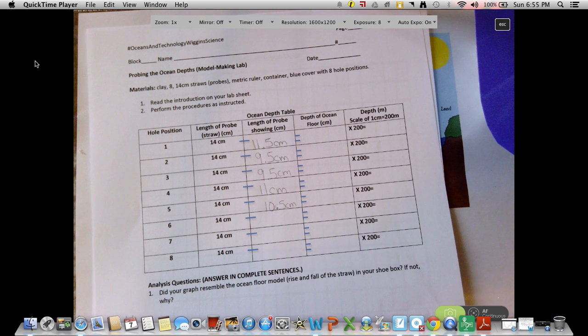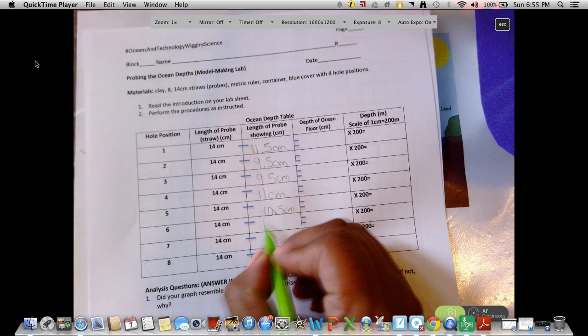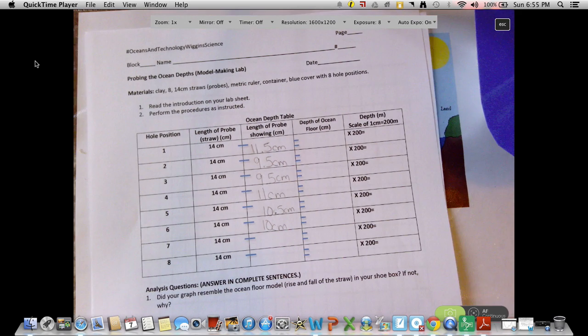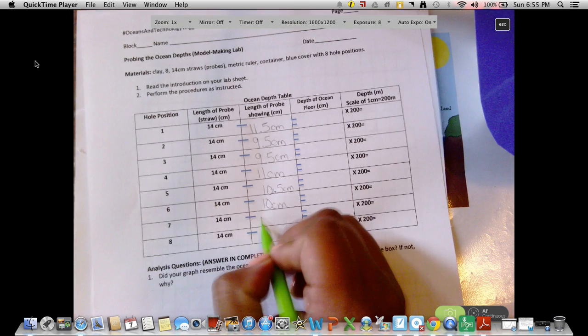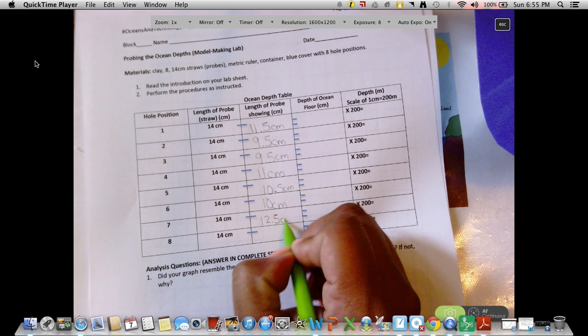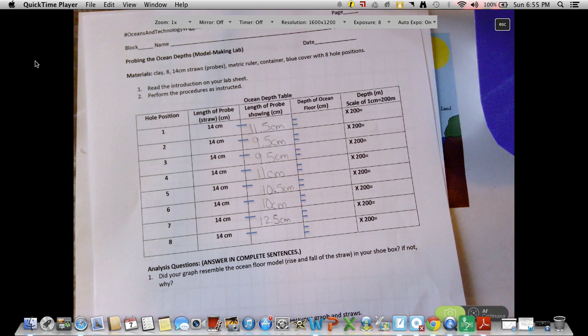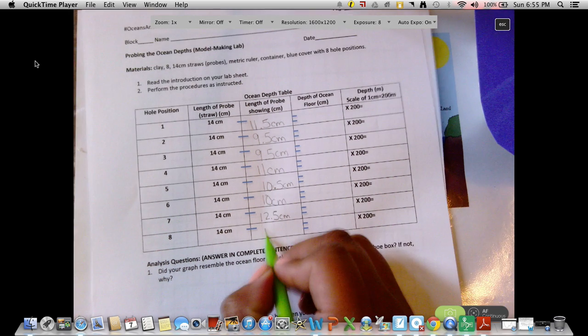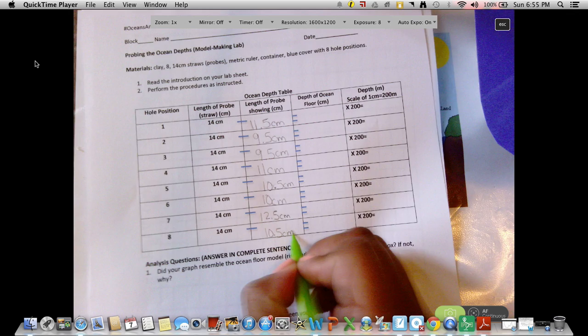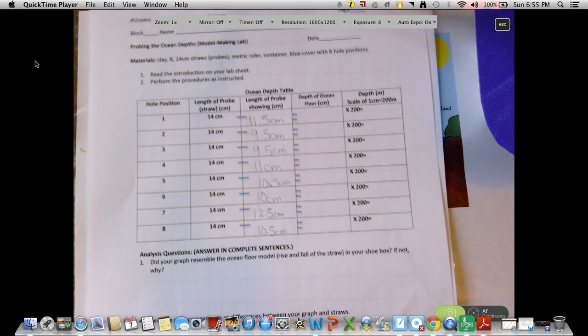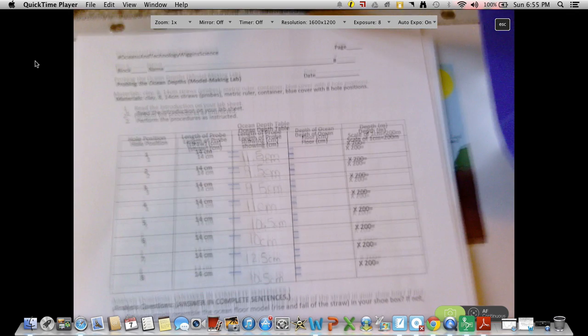Position 6 is 10 centimeters. Position 7 is 12.5 centimeters. And position 8 is 10.5 centimeters.